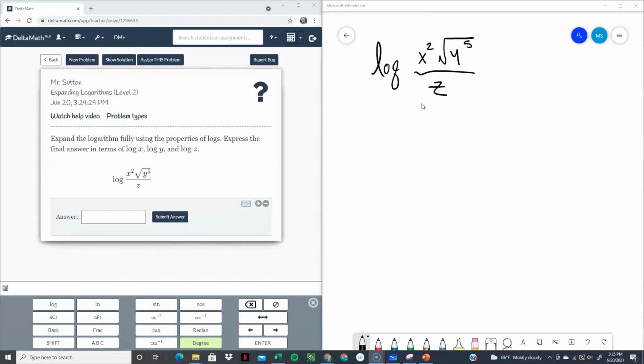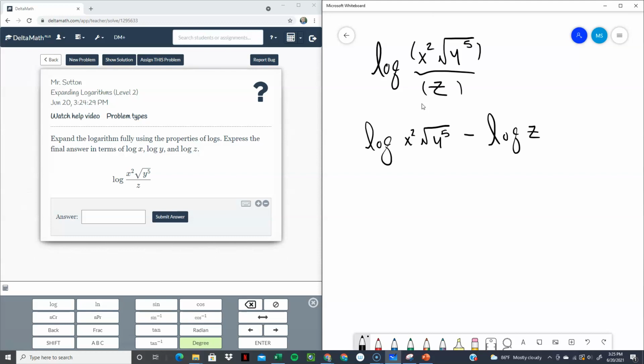Here we have a more complicated one. So the first thing is to separate the fraction into 2 logs. So that's going to be log of x squared times square root of y to the 5th, and then subtract log of z.